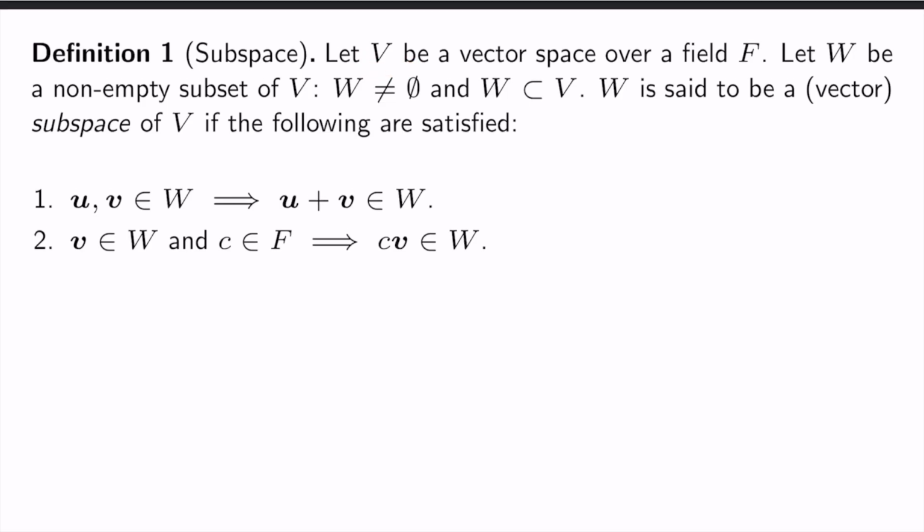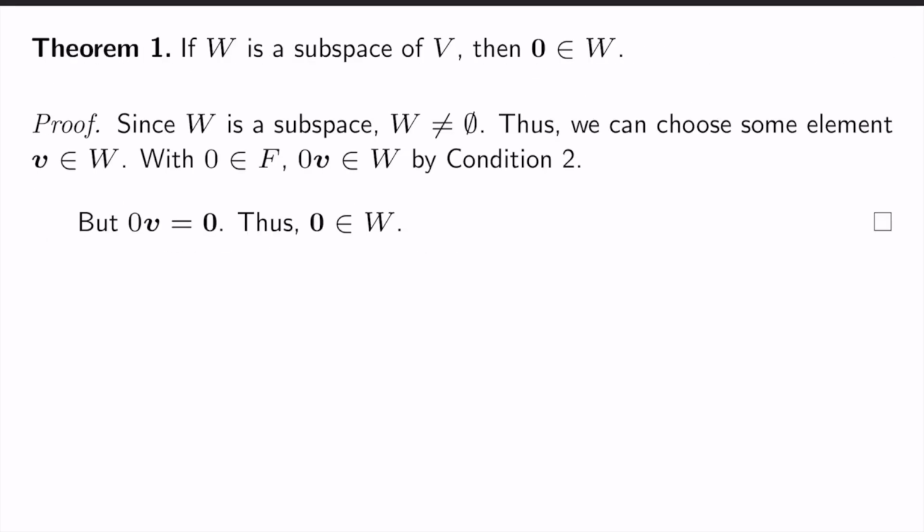From this simple definition, many useful practical applications can follow. But before that, we prove some basic properties of vector subspaces. The first property is this. If W is a subspace of V, a vector space, then the zero vector belongs to the subspace. The proof is quite simple. Since W is a subspace, it is non-empty by definition of a subspace.